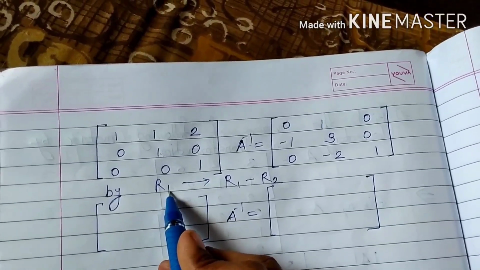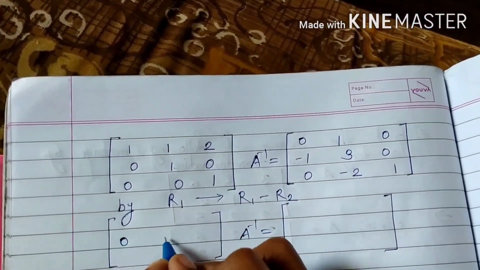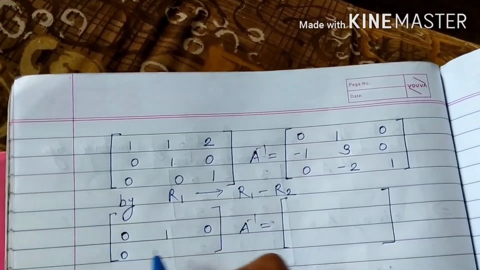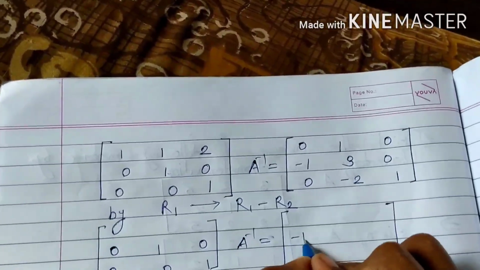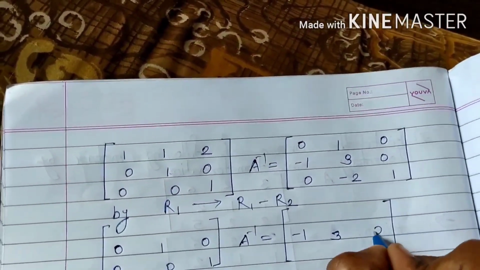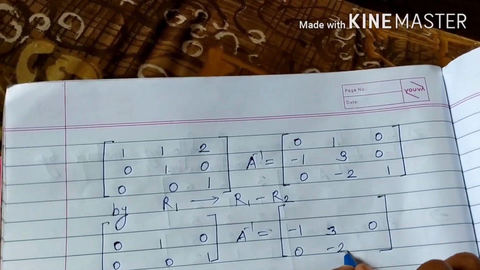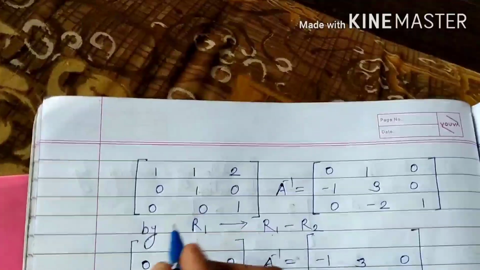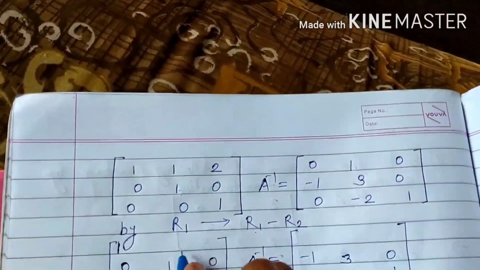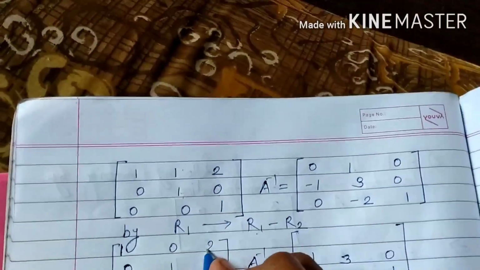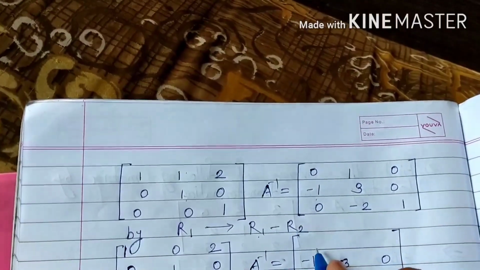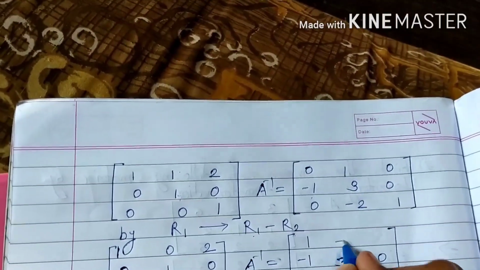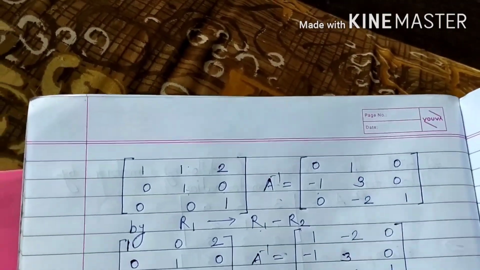Only R1 changes, so write R2 and R3 as it is. So R1 minus R2: 1 minus 0 is 1, 1 minus 1 is 0, 2 minus 0 is 2, 0 minus 1 is minus 1, 1 minus 3 is minus 2, 0 minus 0 is 0.